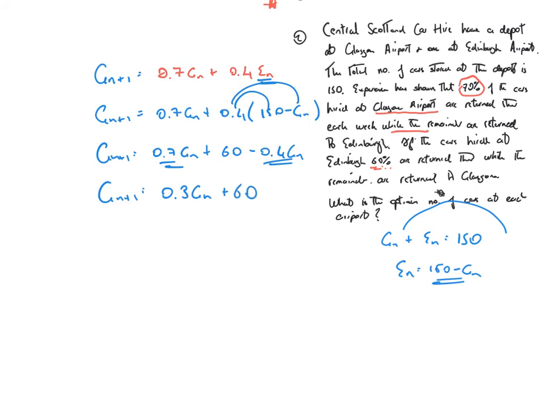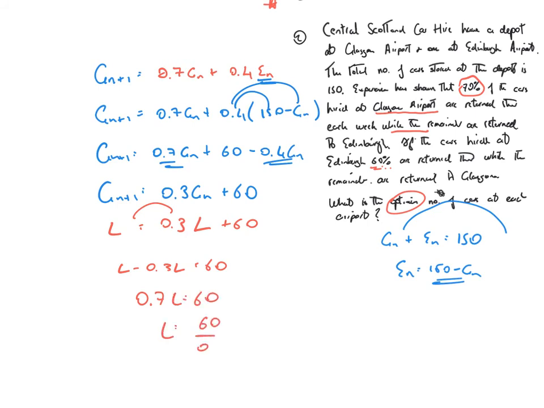Now optimum is telling me again to investigate the limit, so at some point we reach the limit, and then next week you'll be at the limit again. Bring that over, L minus 0.3 L equals 60. L take away 0.3 L is 0.7 L equals 60. L equals 60 over 0.7, multiply top and bottom by 10, and I'll get 600 divided by 7.